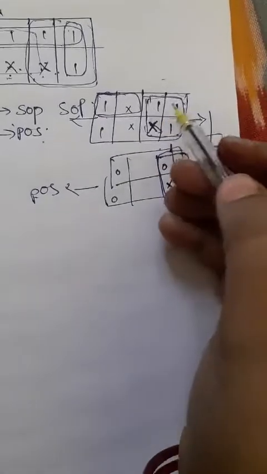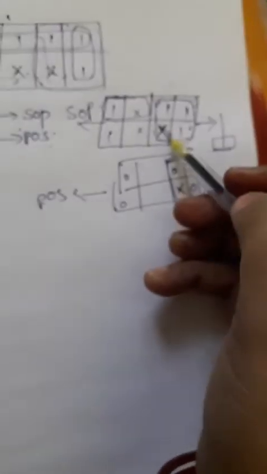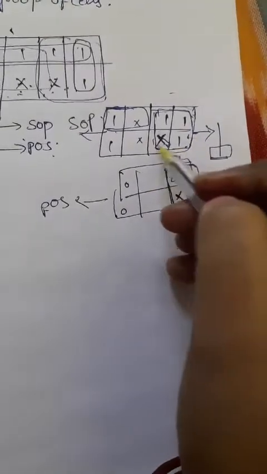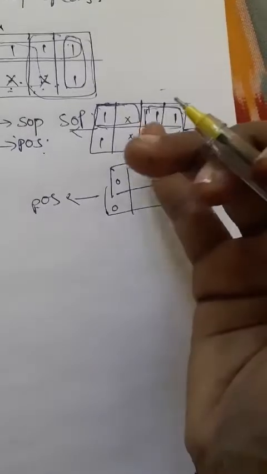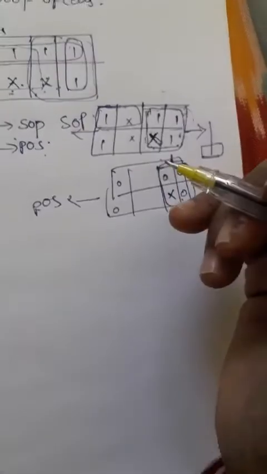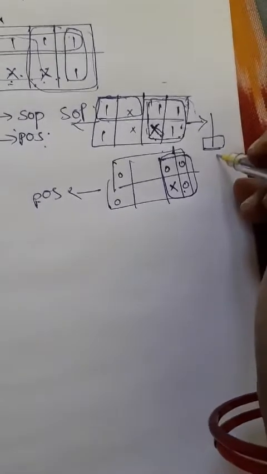So while grouping the don't care condition with SOP, after simplifying this octet group or quad group, whatever we have, matching the don't care condition forms one group. After simplifying that group we get one expression, which we can directly say is in the form of SOP.